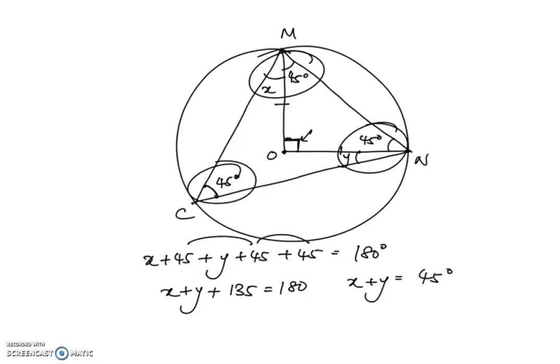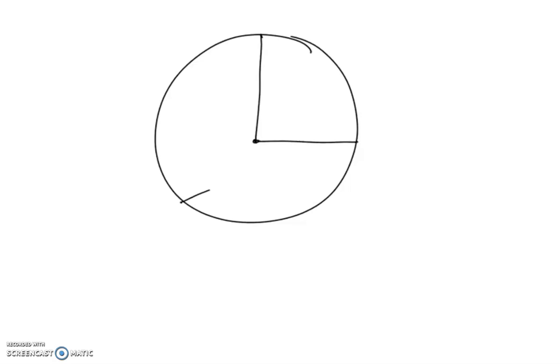Maybe there's even an easier way to do this. Let me try once more. Sometimes with these harder problems, they do have a clean way to do it, but it's just harder to see. Okay, so that's 90. Let's try something else.